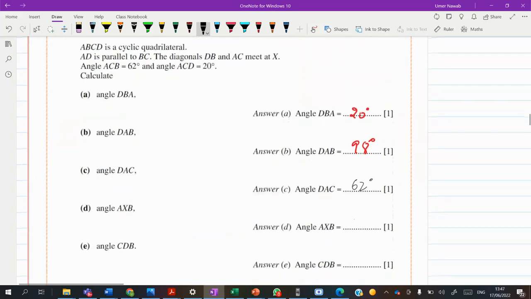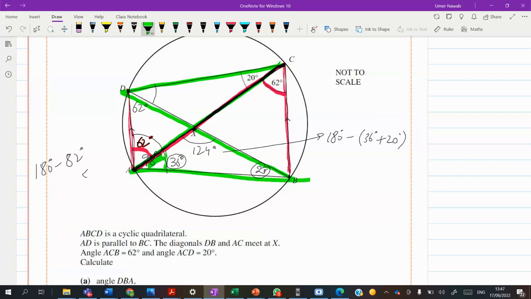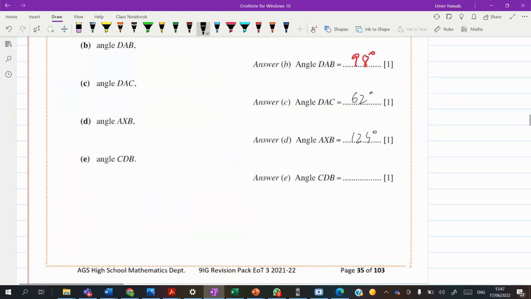So this is 124. CDB, this angle. Guys, angle in the same segment property. So if this is 36, that has to be 36.